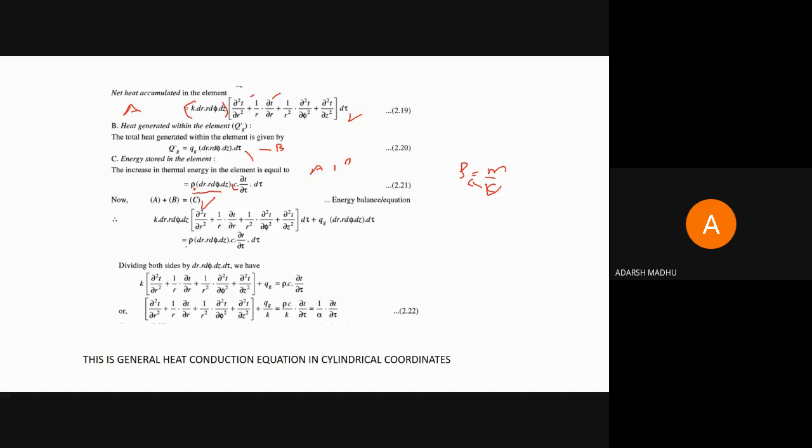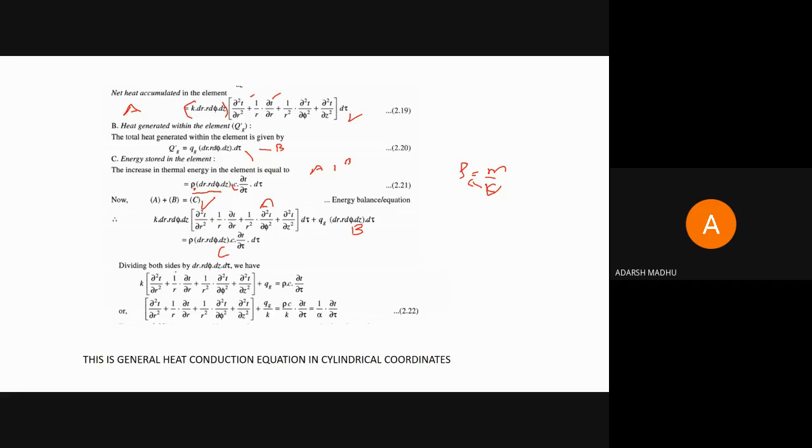Okay, so plus this term qg into dr r d phi into dz, the second term, B part, that is A part, and equal to C. C is rho into dr r d phi into dz into C into dou T by dou tau.